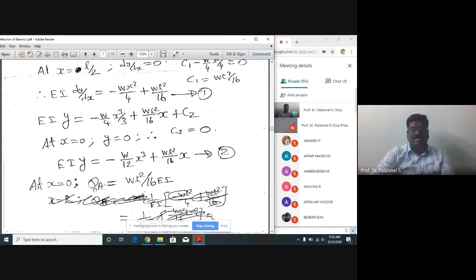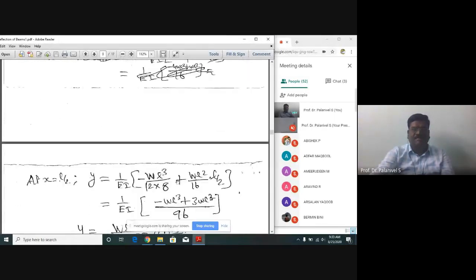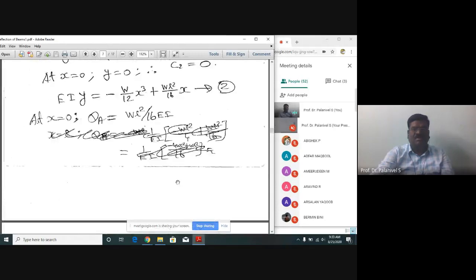The slope at A is equal to, you substitute x is equal to 0 in this equation, you are getting only WL square by 16 EI. Theta A is equal to WL square by 16 EI. That we have got, right?